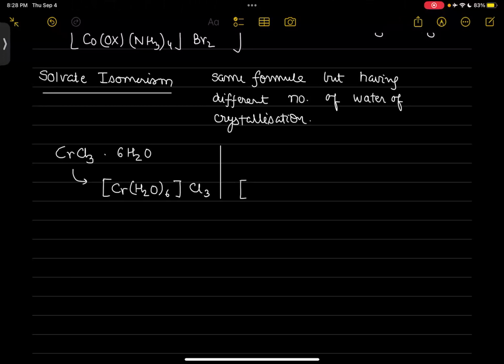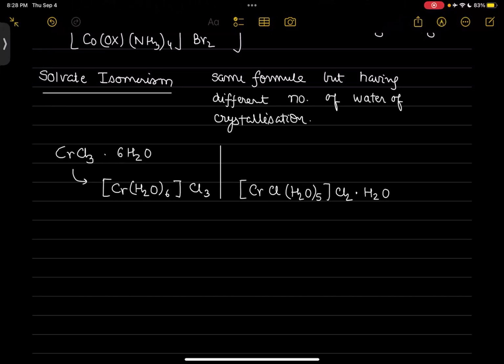Now, let's say we bring one Cl inside the coordination sphere, and we have no other option but to exchange a water ligand. So we get [Cr(H2O)5Cl]Cl2, and that water molecule will come out and stay as water of crystallization.